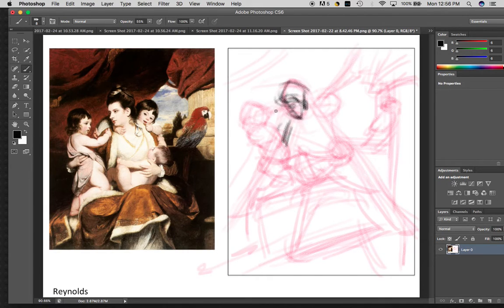So it is amazing. Okay, so now as we move through and go a little faster, let's again keep our compositions simple as we solidify the shapes and the overall pattern of what Joshua Reynolds here is trying to do, again with that triangular stability in the forefront of the composition.